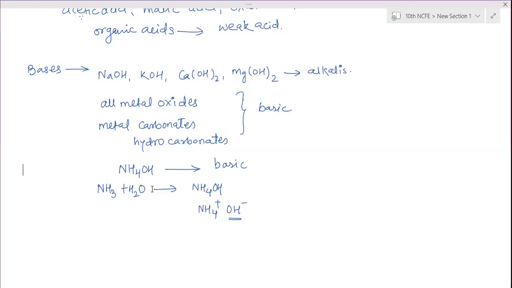Yes. CO2 is acidic or basic? Acidic. So what will be the answer then?